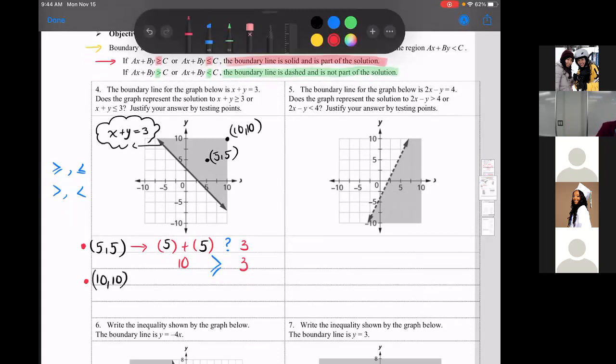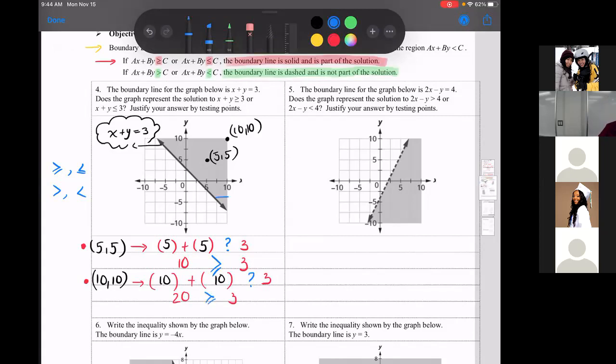Then you plug into the equation x plus y, question mark 3. You plug in 10, 10. That is 20. 20 is bigger than 3, but I need to choose greater than or equal to because it's a solid line.